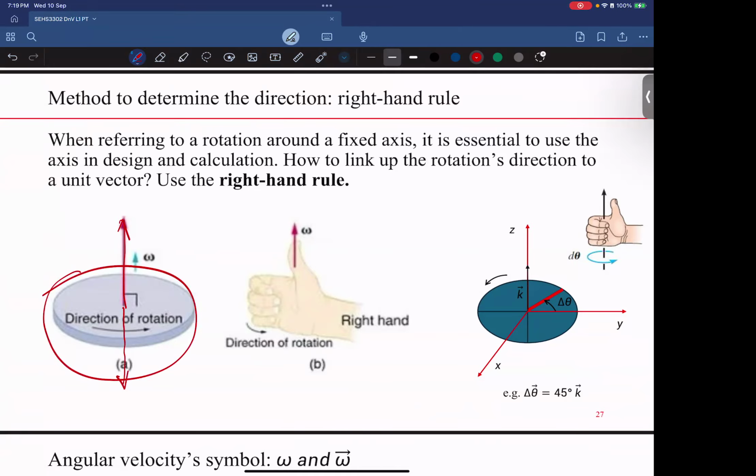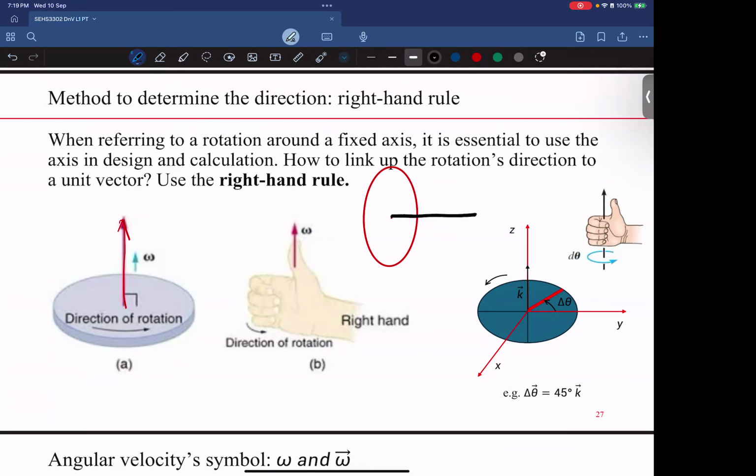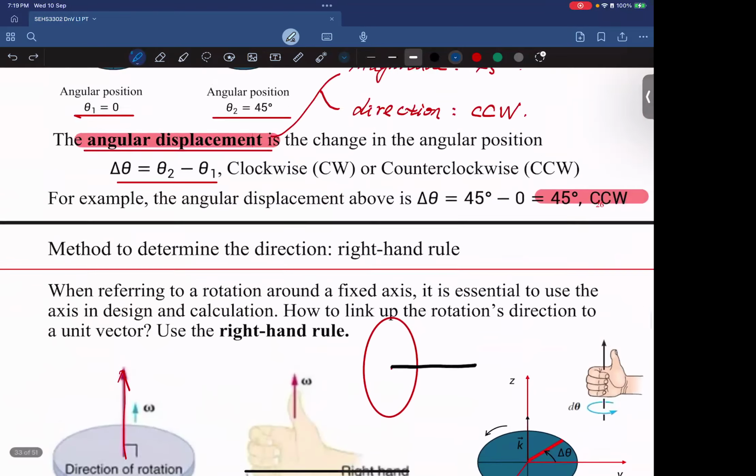It can also point downward. Therefore, there are two possibilities: point up, point down. And also, if we have a wheel in a horizontal way, we can also draw an axis like this. This is also a straight line segment, and it has two possible directions. It can point right, it can point left.